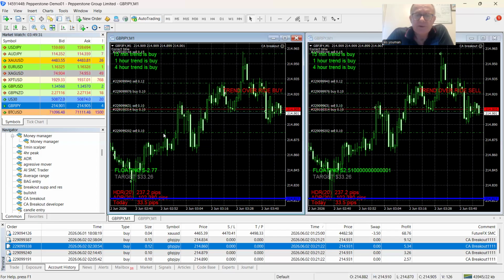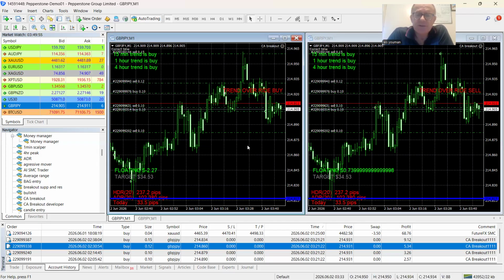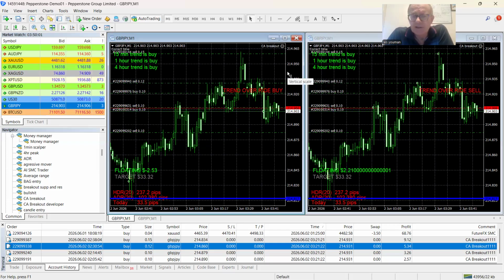And then we just need to wait for the buy orders to close out, and then we could turn it all off and be finished for the day. The reason for that is because there's a much greater chance of the market going up due to the buy trend than down. So we want to close out and stop trading the sell orders 2 or 3 hours before the end of the Asian session, and then just let the buy orders play out. And when they stop, that's your trading done for the day.